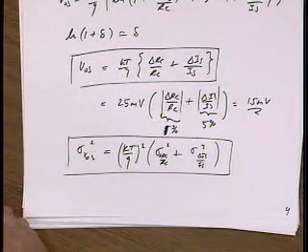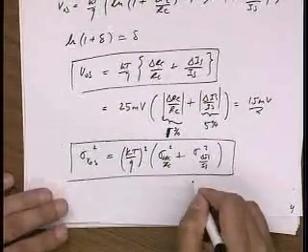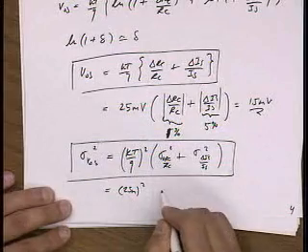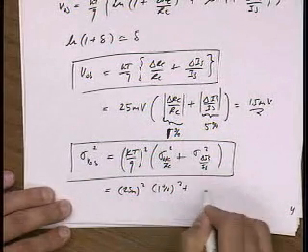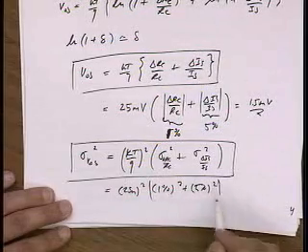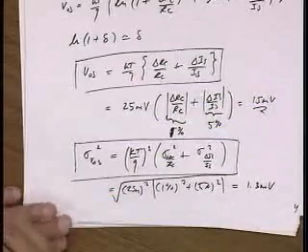And if we plug in these numbers, this is 1% squared plus 5% squared. So if I put in 25 millivolts squared, 1% squared plus 5% squared, and I take the square root, I get about 1.3 millivolts.